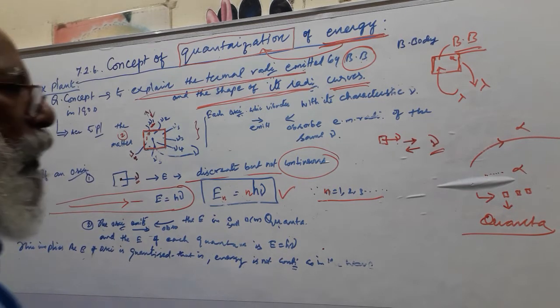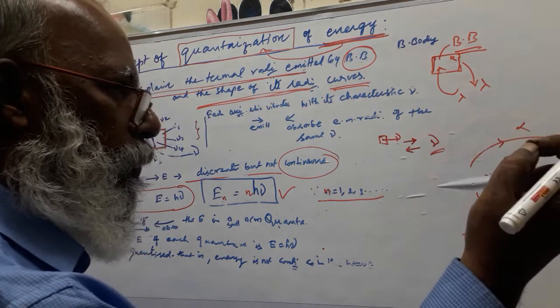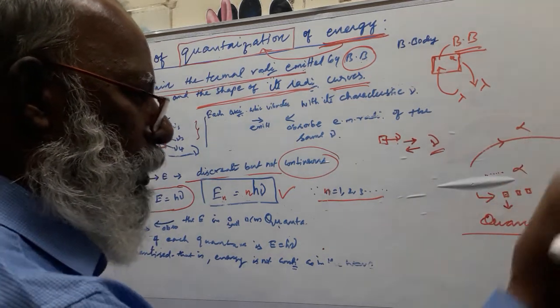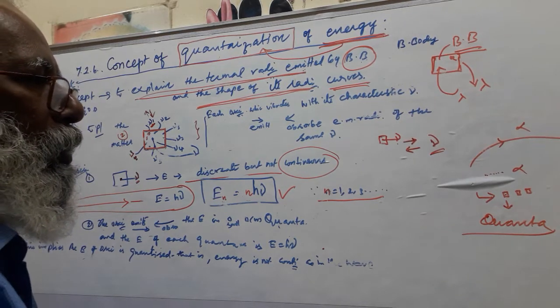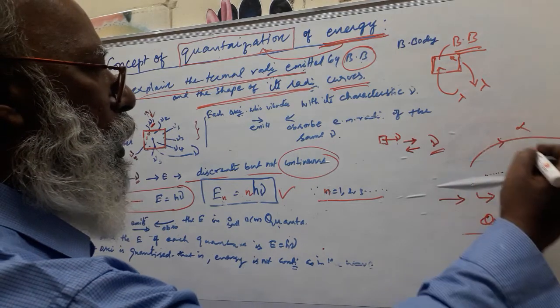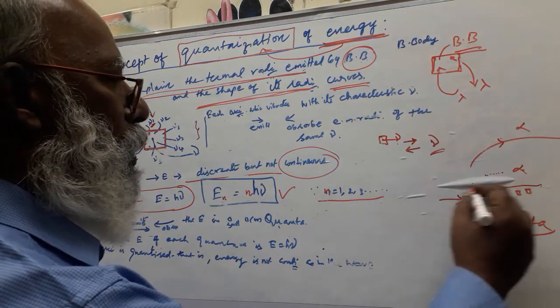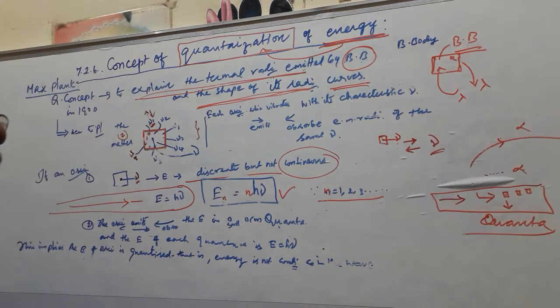Here the quanta is nothing but an energetic small bundle of packets. This is according to Planck's theory, not wave theory, not particle theory. This is the Planck theory that is called quanta.